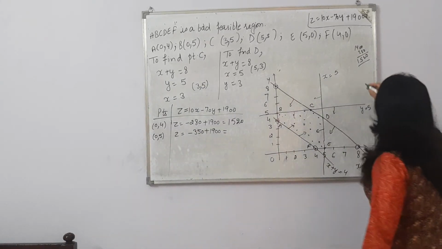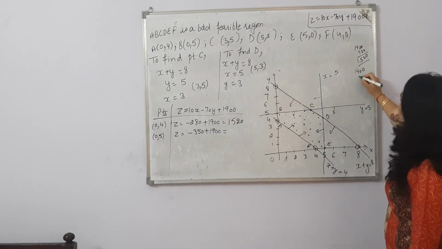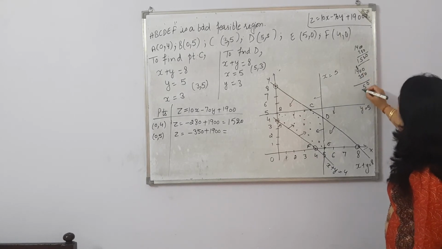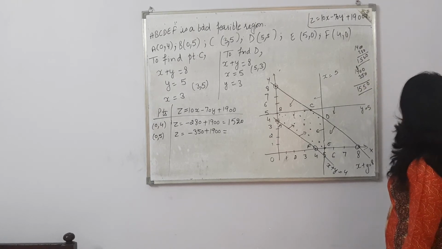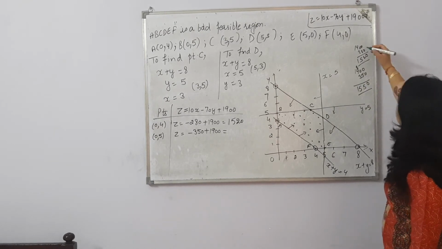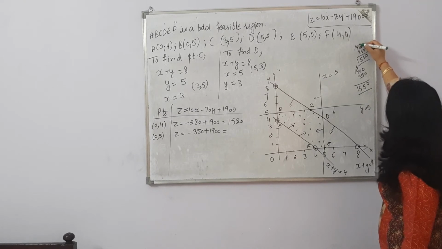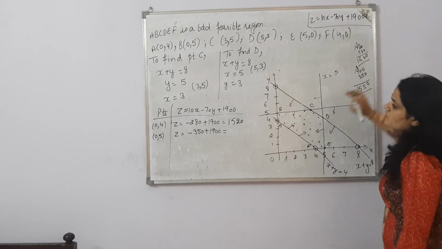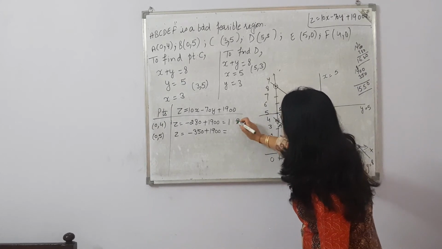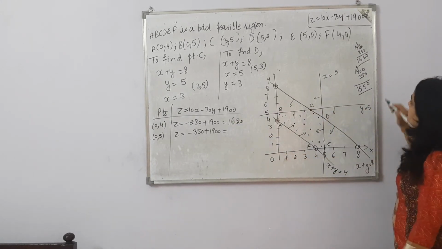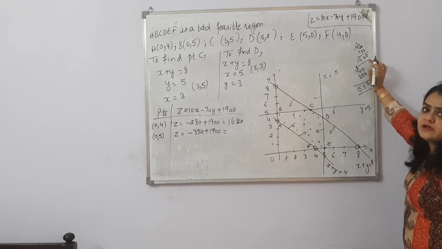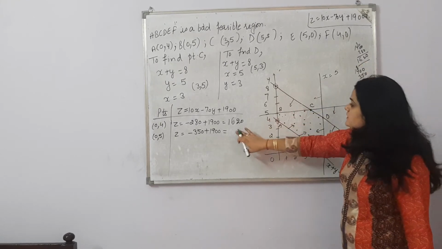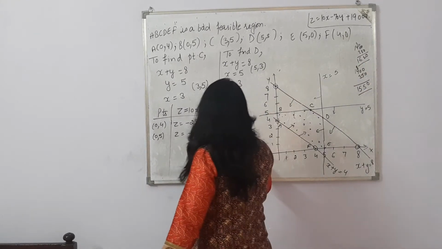We need to calculate 1900 minus 350. It is 1550. Earlier I made a mistake with the value of y: it is 8 minus 2, which is 6, so the earlier value is not 1520, it is 1620. You can calculate it at home and you will find that it is 1620. Now this one is 1550.